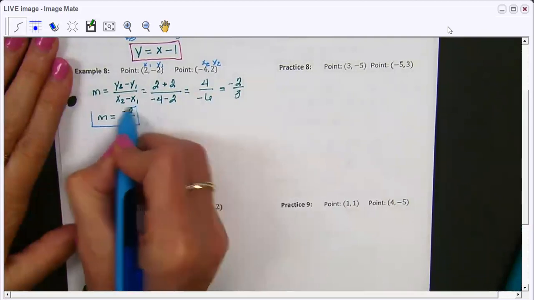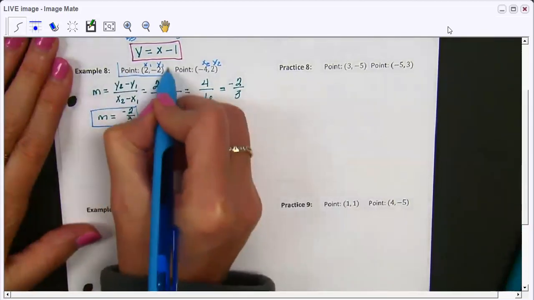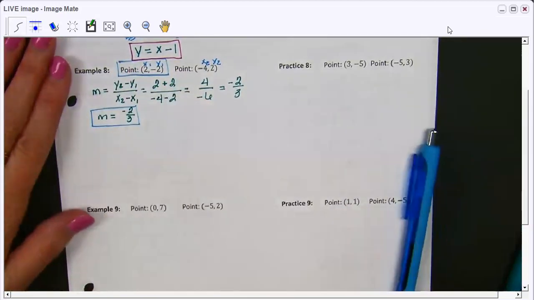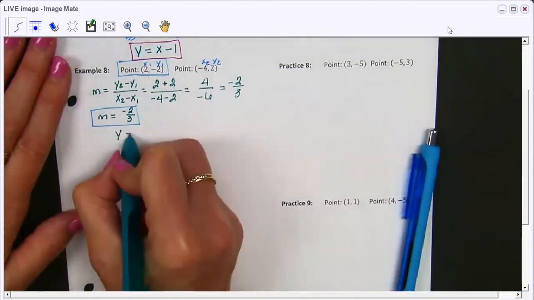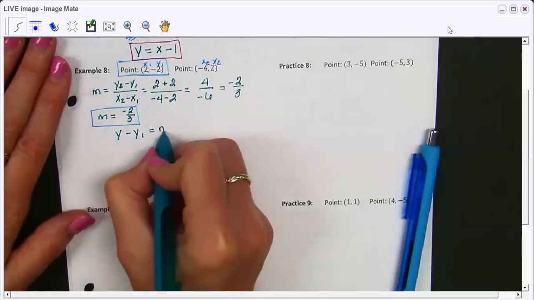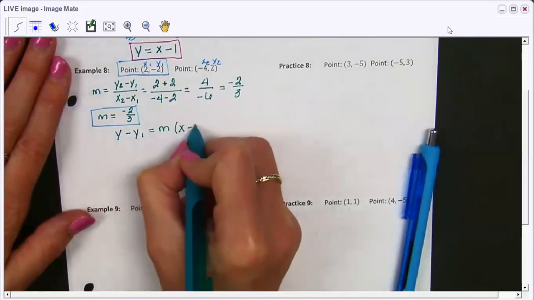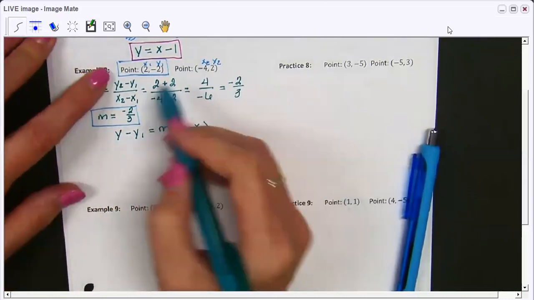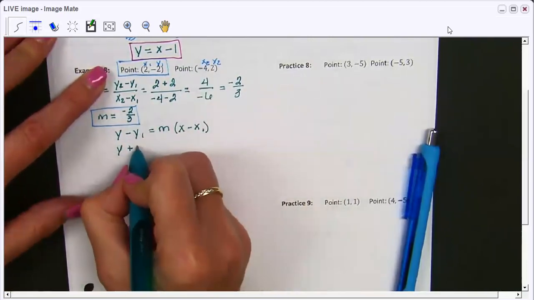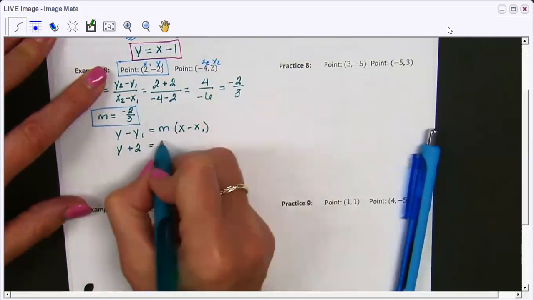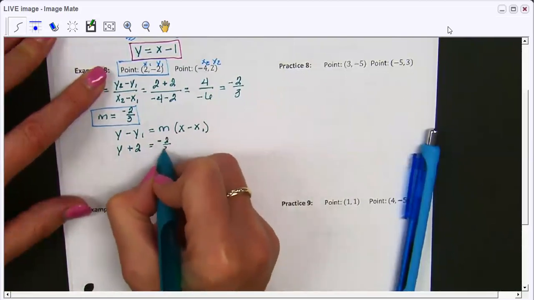Then we're going to use this first point and plug it into the point-slope formula to find our slope-intercept formula. We're going to use 2, -2. So we have y plus 2 because it's minus a negative. Our slope is -2/3.